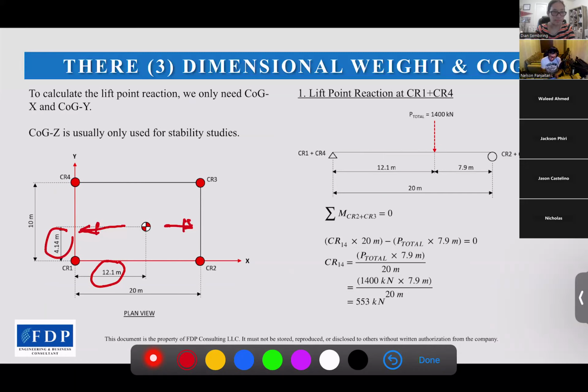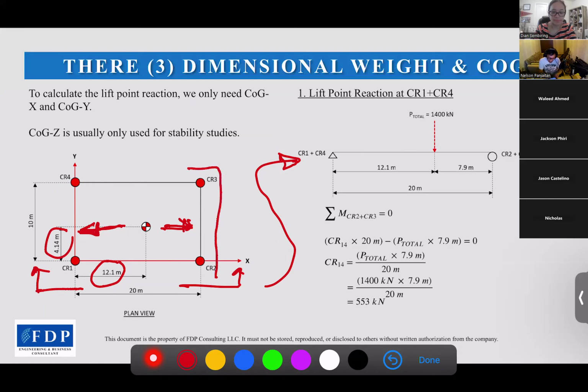So we will distribute this to this side first. If we look at this direction, then we get this system. Crane 1 plus crane 4 will be at the left side, and crane 2 plus crane 3 will be at the right side here.